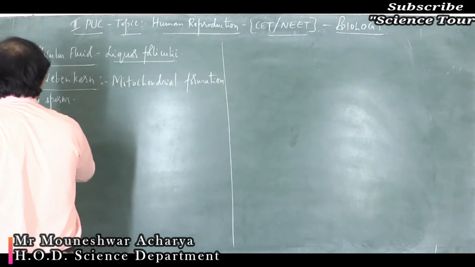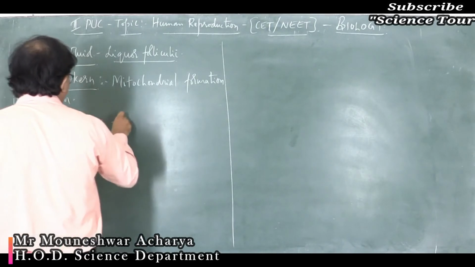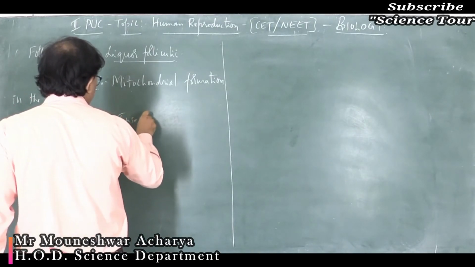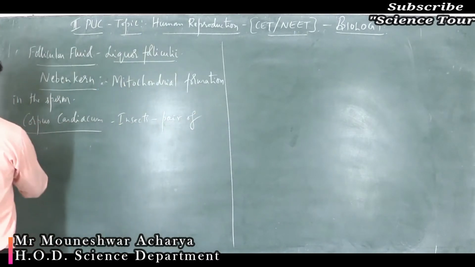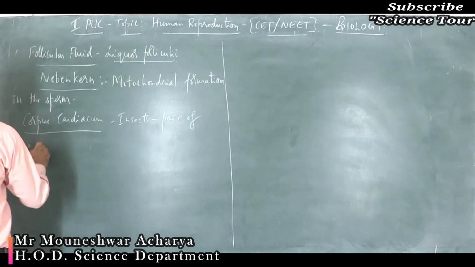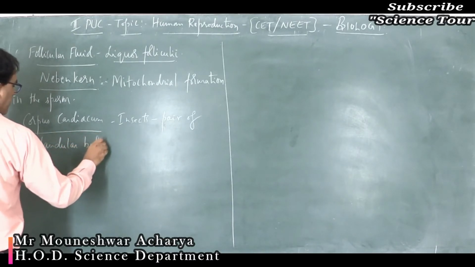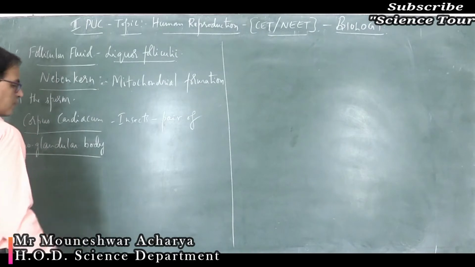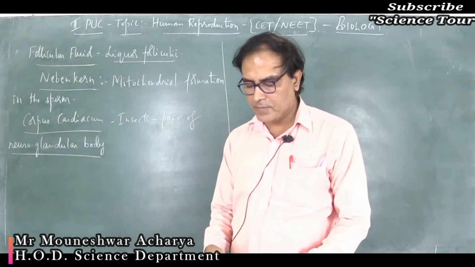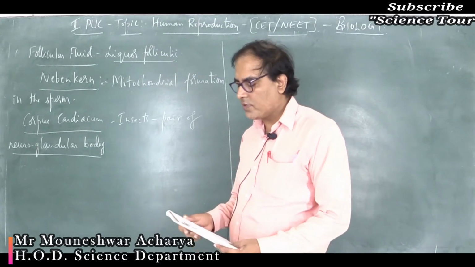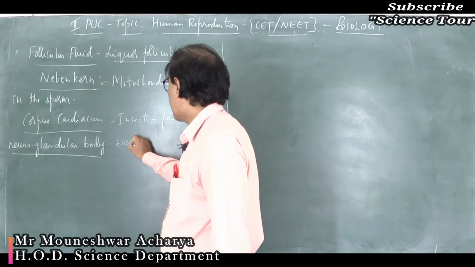Corpus cardiacum, found in insects, is a pair of neuroglandular bodies. Note down the point. And it is found at the base of the brain.